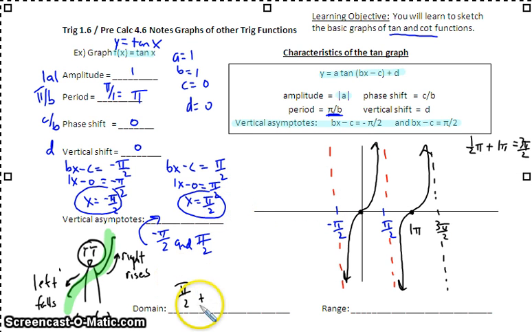So we would say that it's pi over 2 plus or minus some multiple, which we'll use as n, of pi. That would be the x values that would work. The range, on the other hand, since the graph is continuously rising here and continuously falling here, it would be all real numbers for the range.